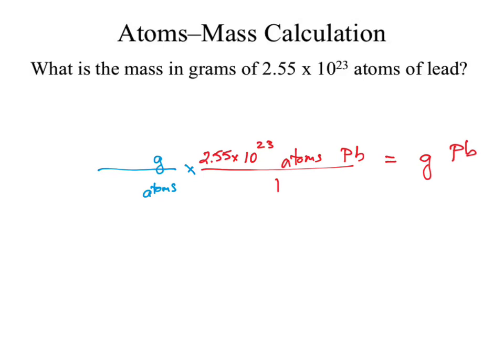No. Why not? It's too small. So does the periodic table give me grams to atoms? No. It does give me grams to moles. Okay? So what I'm acknowledging is that this conversion factor does not exist.